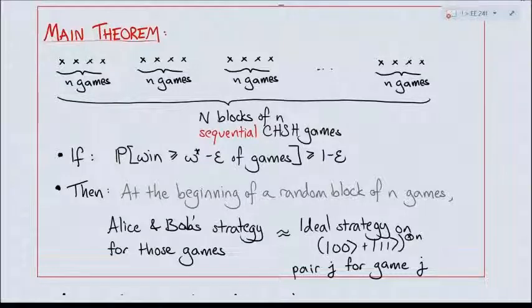So the setup is going to be, I'm going to play little n games at a time, just in sequence, one after the next, and then I'm playing capital N blocks of these games with the two devices. And so the assumption of the theorem is the same as before.